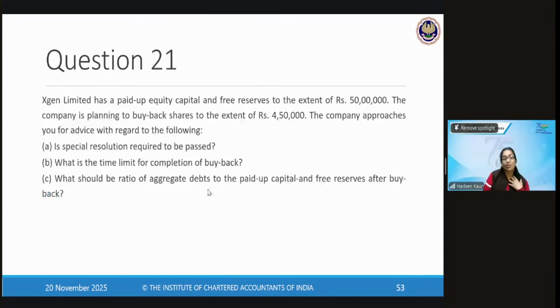So the last question of share capital and debentures revision is there in front of you on the screen. Krishna Goyal, Lokesh, Ram, everybody has given a good answer. Very good. Extend Limited has equity and paid up capital, and this much reserve. Is SR required to be passed? What is the time limit? What should be the ratio of aggregate debts to the paid up capital and free reserve?